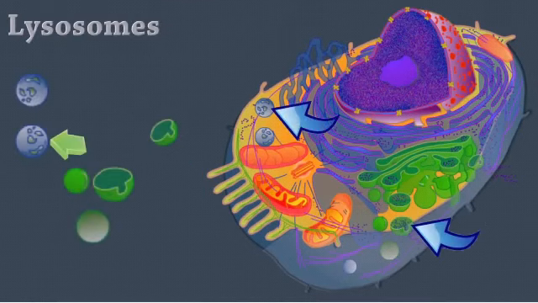Lysosomes are membranous sacs that contain acid hydrolases that break down different types of biomolecules. This is where intracellular digestion takes place. Lysosomes help with other cell processes, including secretion and the repair of plasma membranes.